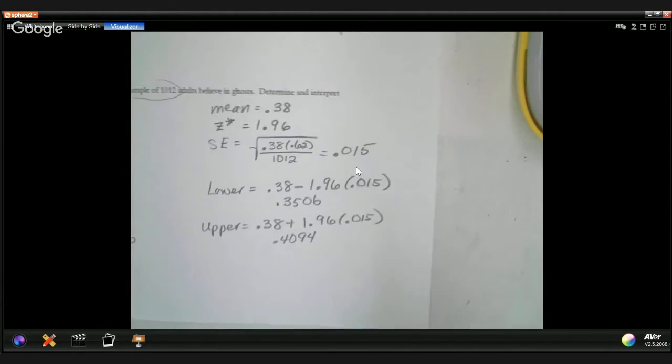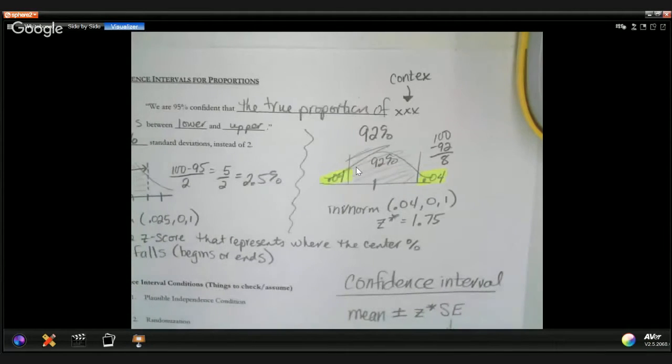And so when I write my statement, I'm going to go back and reference this up here where it says we're 95% confident that the true proportion of something is between my lower number and my upper number.